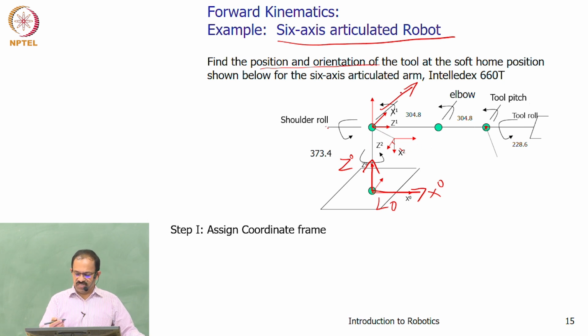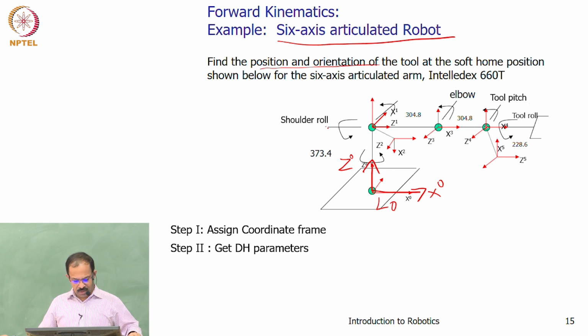I have taken this in this direction. As I told you, we can take in this direction or this direction. Any direction you can take. So this is Z2, X2. And follow the procedure, you get Z3, Z4 and then finally your Z5 and Z6. Of course you have to assign it here also.